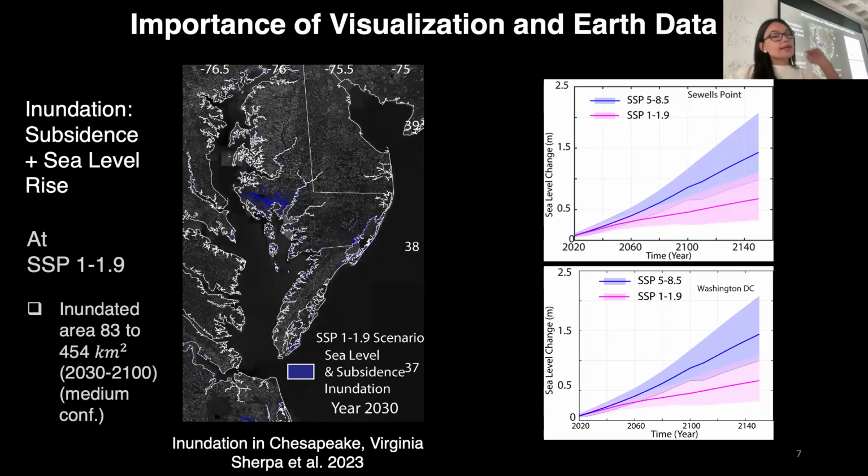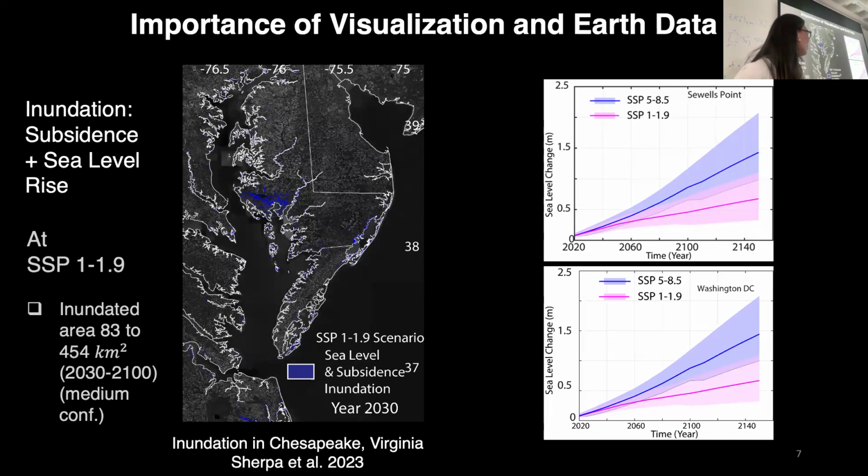So in that case, we have this map, which is an inundation map for the year 2030. This is a scenario called SSP 1-1.9. It means that when we have this climate scenario, when we have this policy and our world is sustainably focused, we have less greenhouse gas emission, so we are considering a very low greenhouse gas emission scenario.